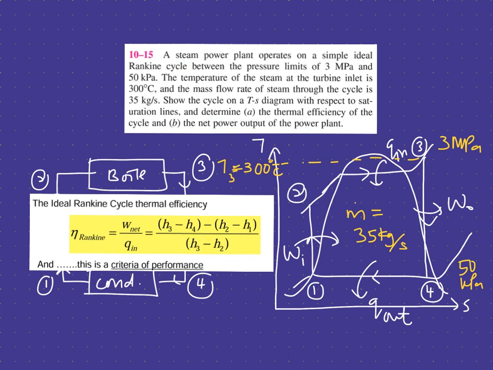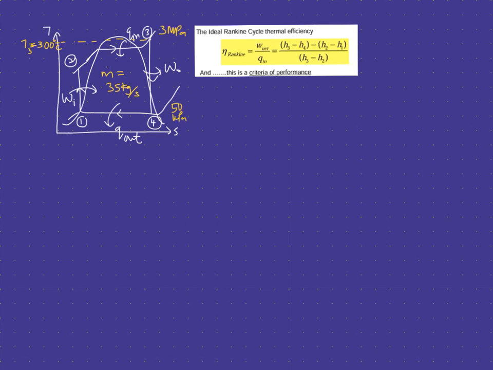And bear in mind that you have property tables for your water, table A4, A5, and A6. So we will figure out what is the phase of each state, so that you can solve this problem. The aim right now is to obtain the enthalpy value for each state 1, 2, 3, and 4.